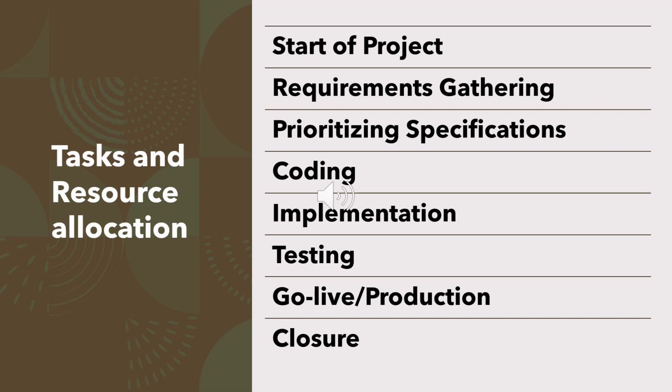The last task of this project is closure of the project. Closure always involves collecting the feedback, noting down the defects, tracking down the failures that have been faced throughout the project, followed by monitoring and support activities.